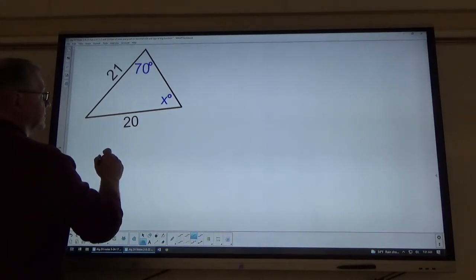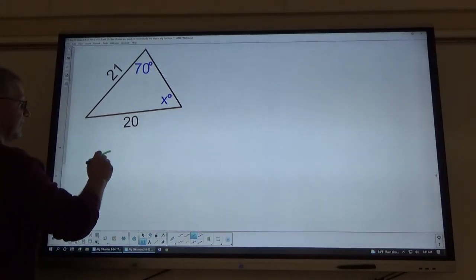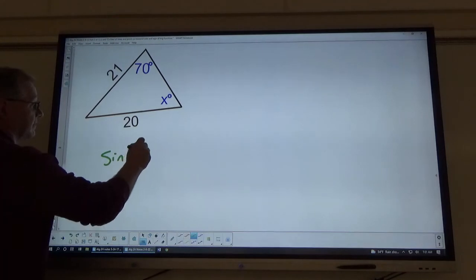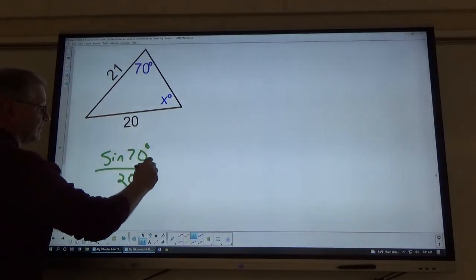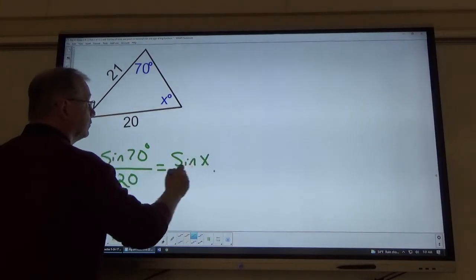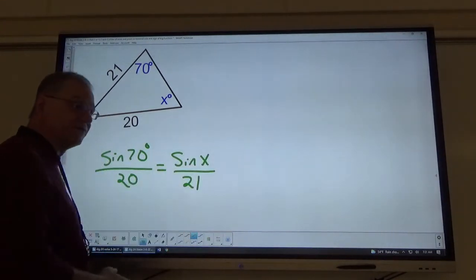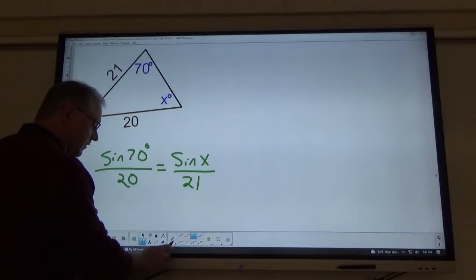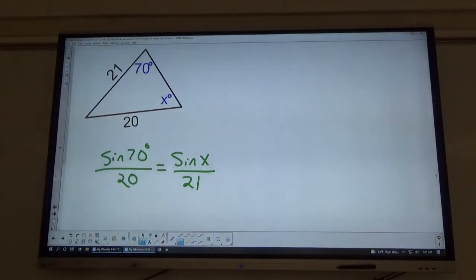So, law of sines. I have sine of 70 over 20, the opposite side, equals sine of x over 21. I'm solving for x here. Well, I know what the sine of 70 is, 0.9397.